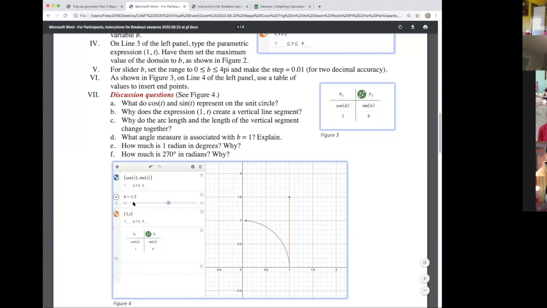It says b is equal to 1.5, and it looks like this length is 1.5 vertically, right? It looks like it's a portion of the line x equals 1. Why would this expression 1 comma t create a line segment like this?